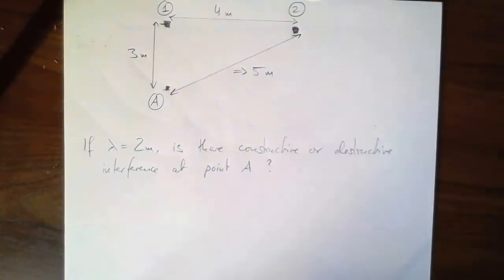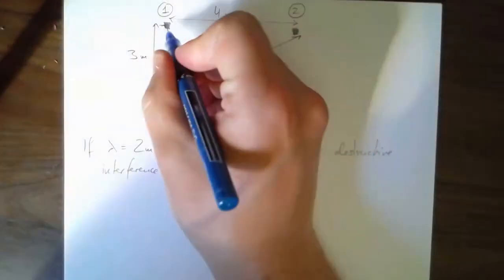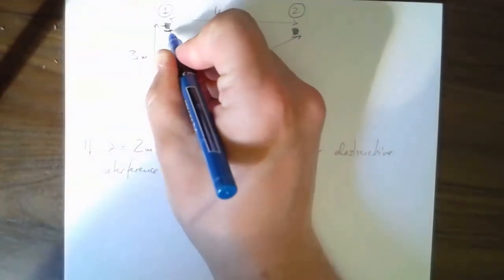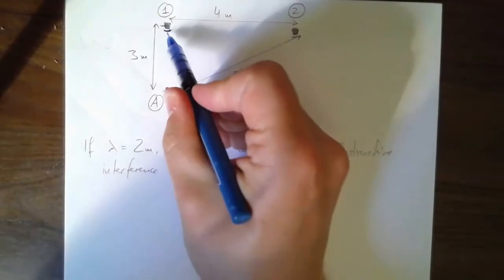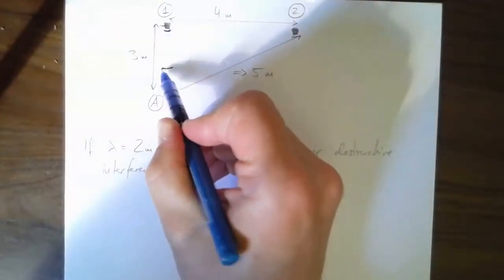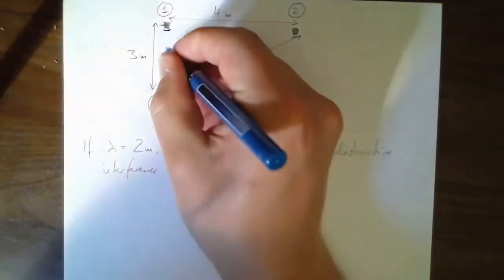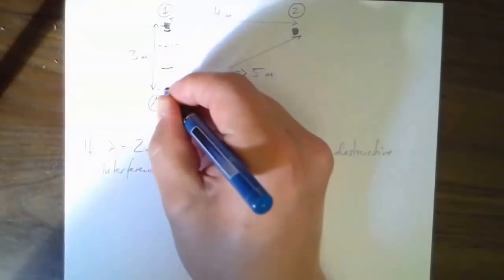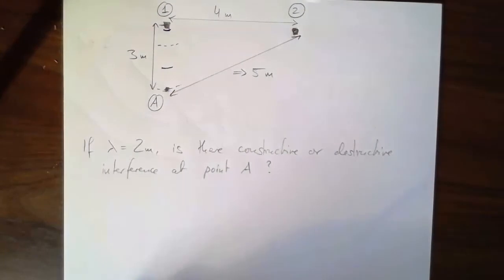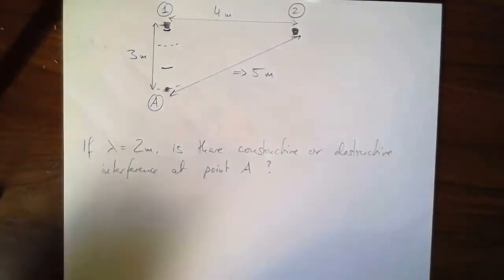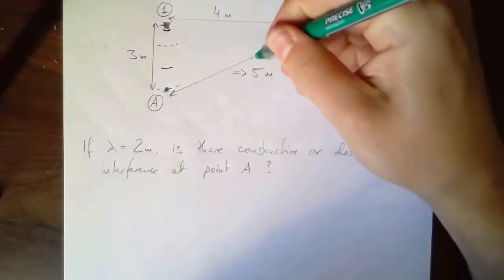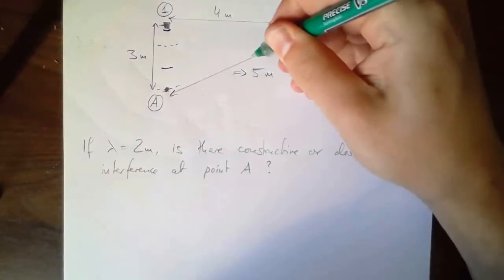Right? So if I plot that with the blue and green colors again, if I imagine right now this one's emitting a wavefront, and the last one was emitted such that this distance is 2 meters. And so this is going to be a trough here, and this is going to be right on a trough. Whereas this one here, I'm going to eyeball this.